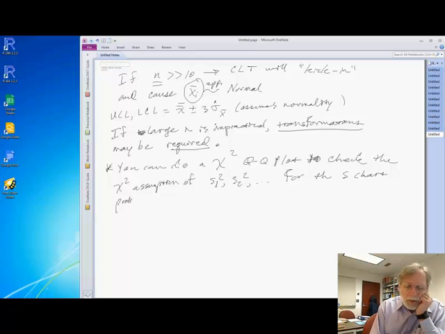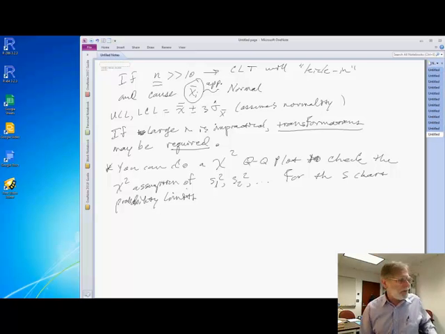Probability limits. And if you want to nose around my G drive, you'll find a PDF file out there that tells you exactly how to do that. But it's not something I'm going to be holding you to for exams.